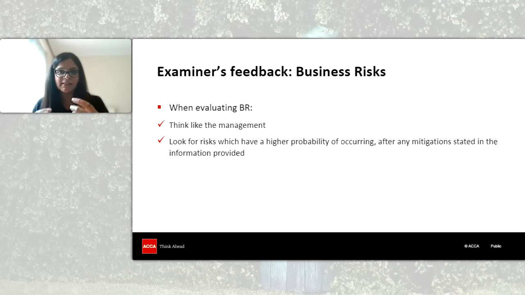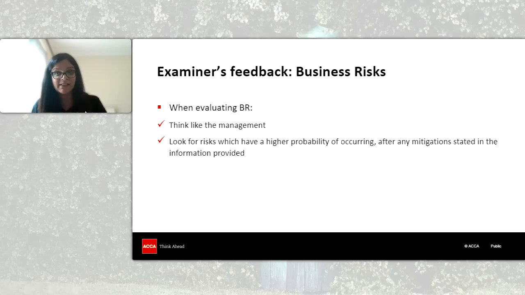So the risk that the food might rot or go bad during the delivery was not a valid business risk because they had already mentioned that this is being managed. In another question, for example, if a company is facing foreign exchange risk and they've mentioned that they already have hedging or forward contracts, then that would not be a significant business risk because it's already being mitigated.